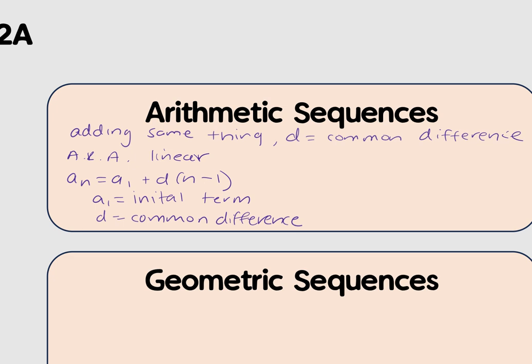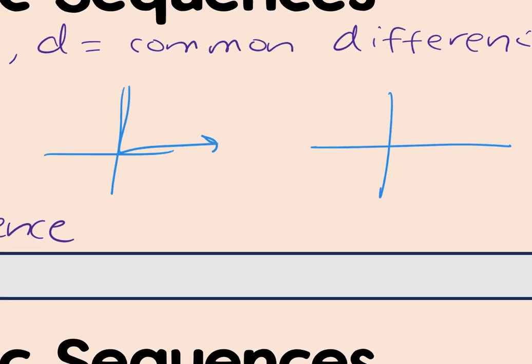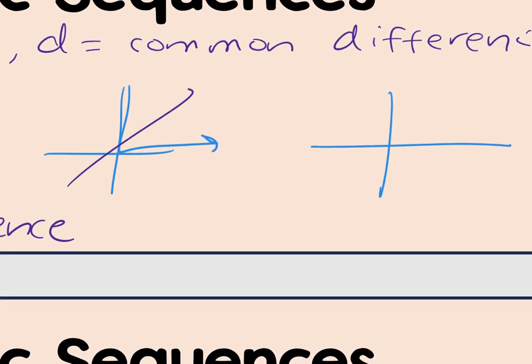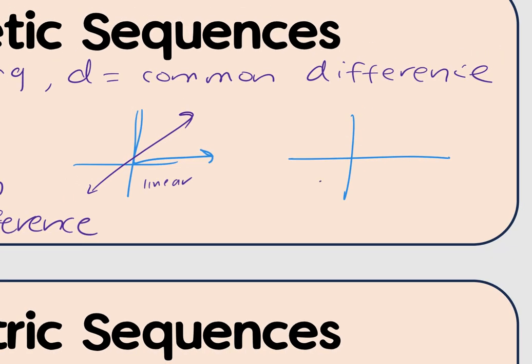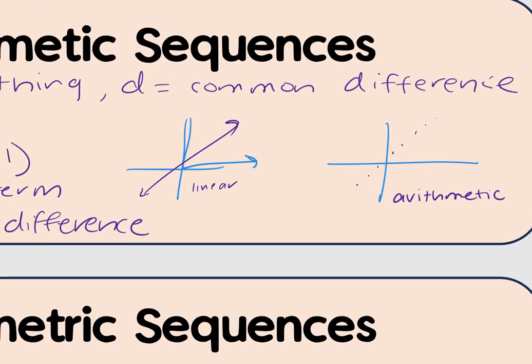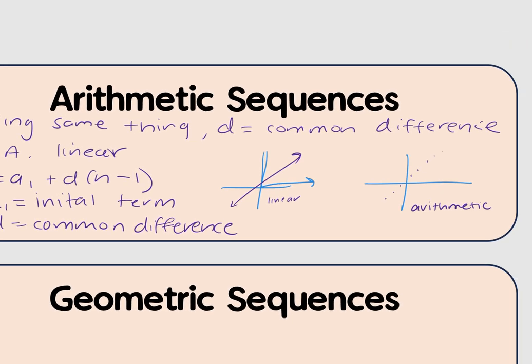So if I were to look at a graph and it asked which of these represents arithmetic and which represents a linear function, the linear is going to be a line, and arithmetic would be a series of dots. Other than that, they can kind of be treated the same.